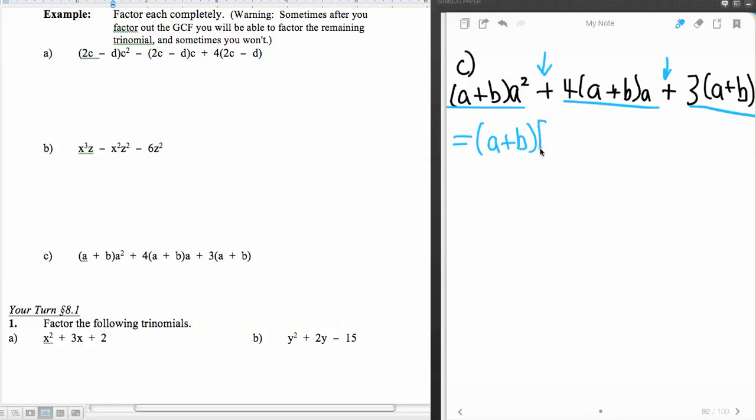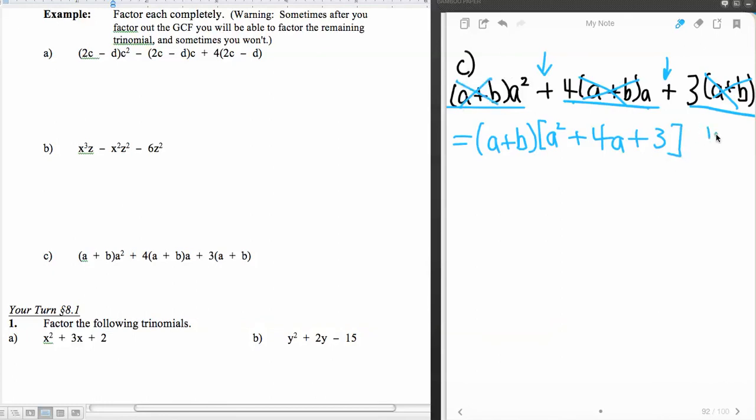And then from my first term, when I take it out, I'm left with a squared. Now these, you might want to go back to canceling out what it is you took out, and then you see there's a 4 and there's an a, so plus 4a. And then here, I take out that, so that's plus a 3. And the same thing here, I took out that, and there we go.